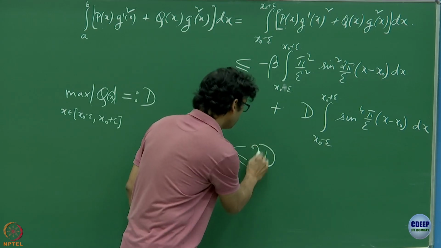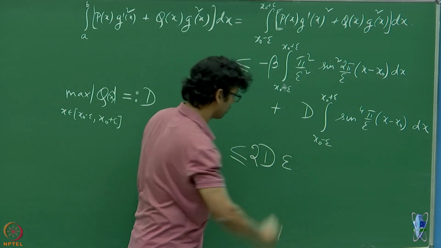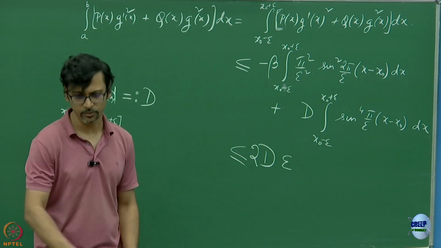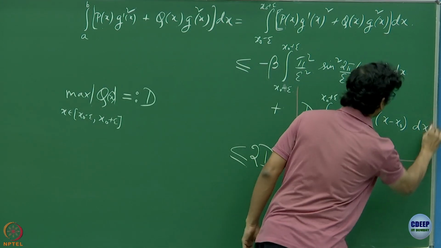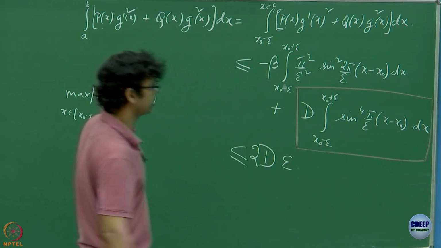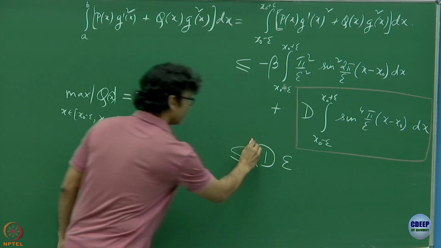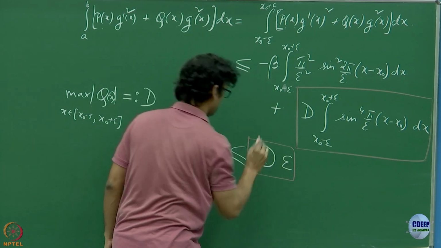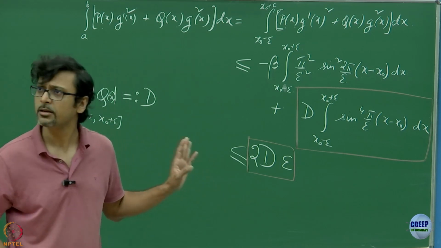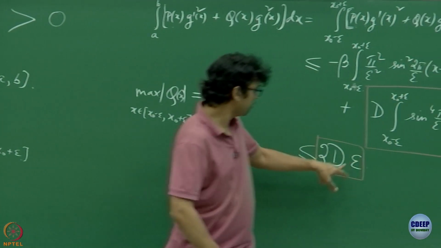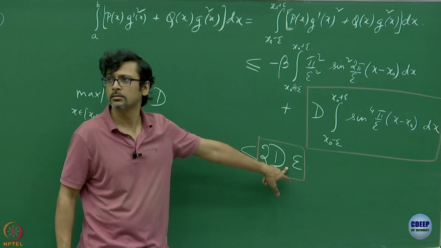So 2d epsilon. That just takes care of this term, right? I'm being rather coarse in my approximation here. Okay, is this clear? This term is further upper bounded by this.